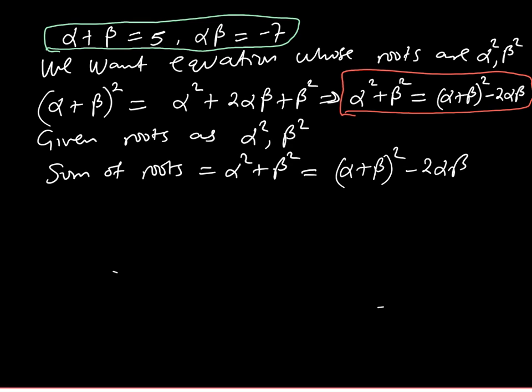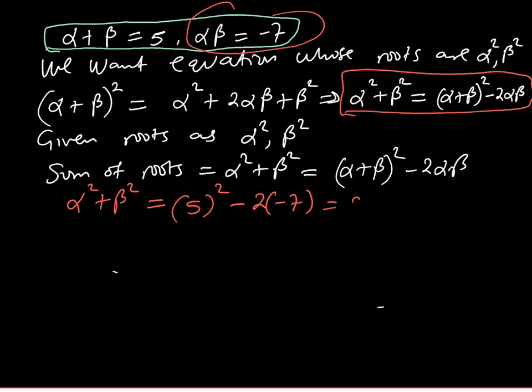Since alpha plus beta is 5, we have 5 squared minus 2 times alpha beta, and alpha beta is minus 7. So what is 25 plus 14? I think we end up with 39.